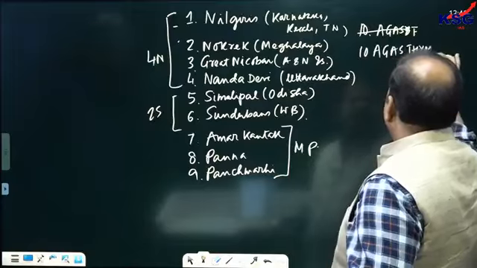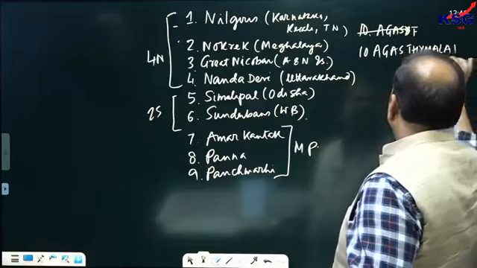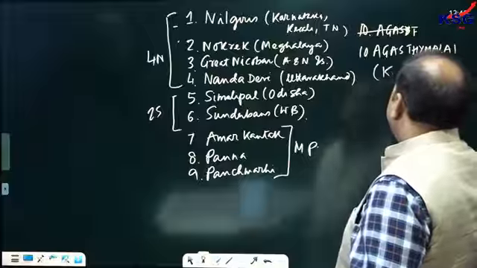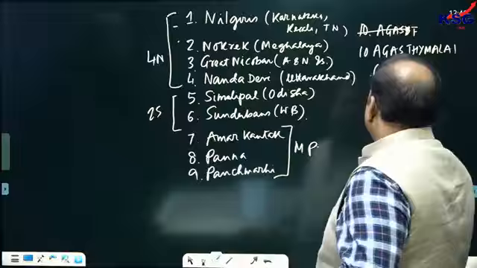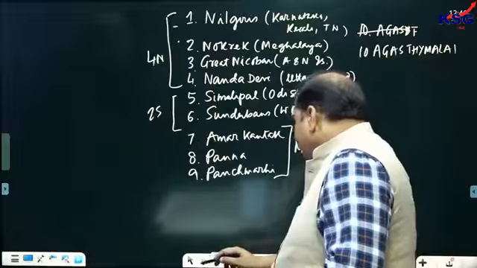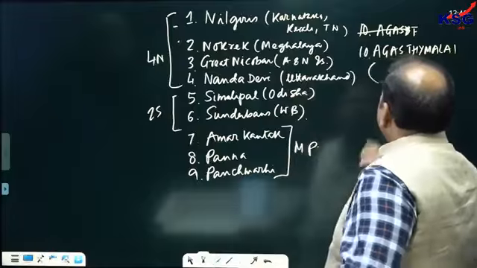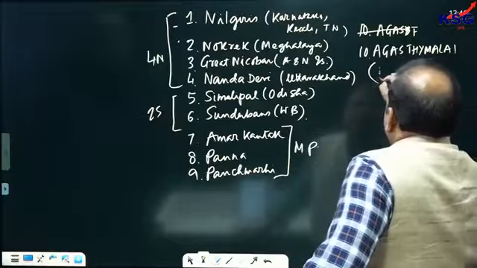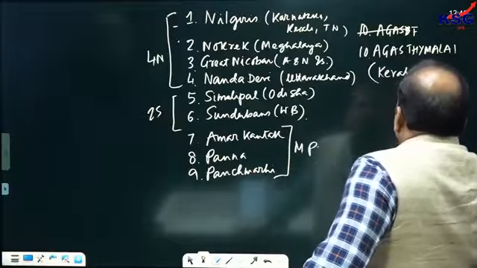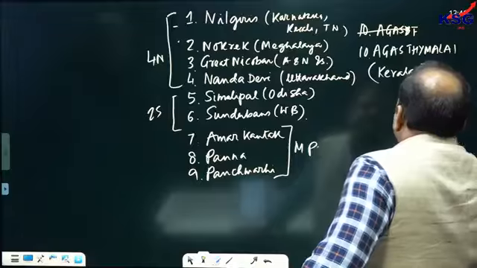Agastya Malaya, that is present in, stretches out in two states: one is Kerala and second is Tamil Nadu.